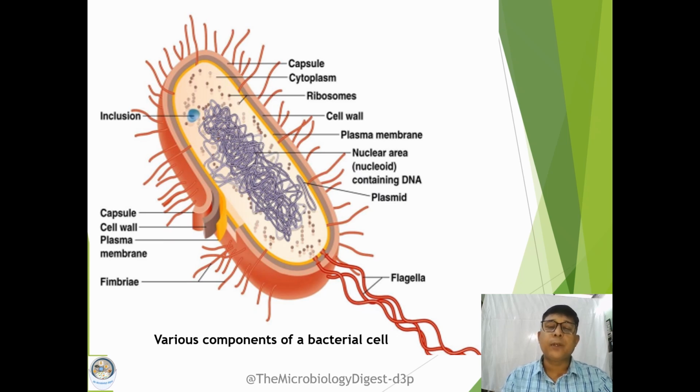So instead of nucleus, it is called the nucleoid in bacteria. Then we have the plasmid, the ribosomes, the inclusions, and the mesosomes. These are the internal structures present in bacteria. For now, one by one, we will discuss in detail.